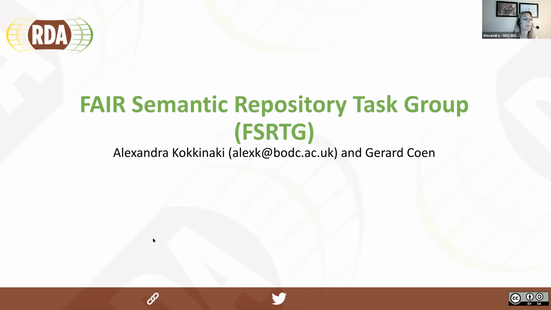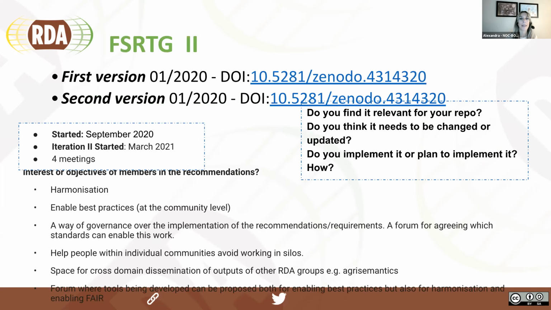So I will talk about the outputs of the FAIR Semantic Repository Task Group, the FSRTG, that we ran together with Gerard Cohen. Next, please. So the task group started in September 2020.